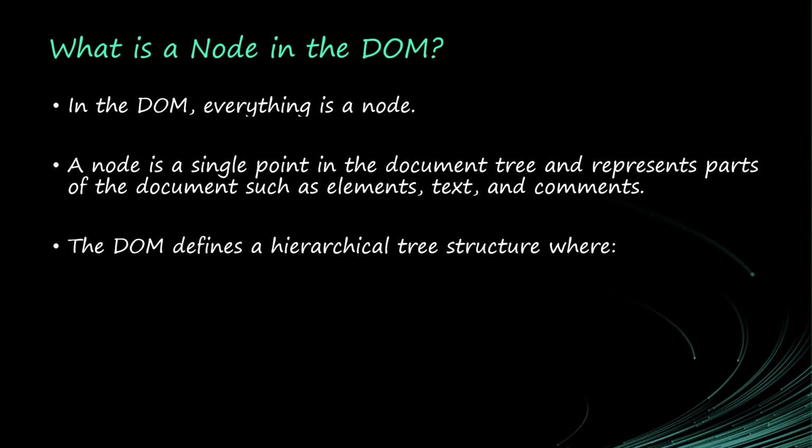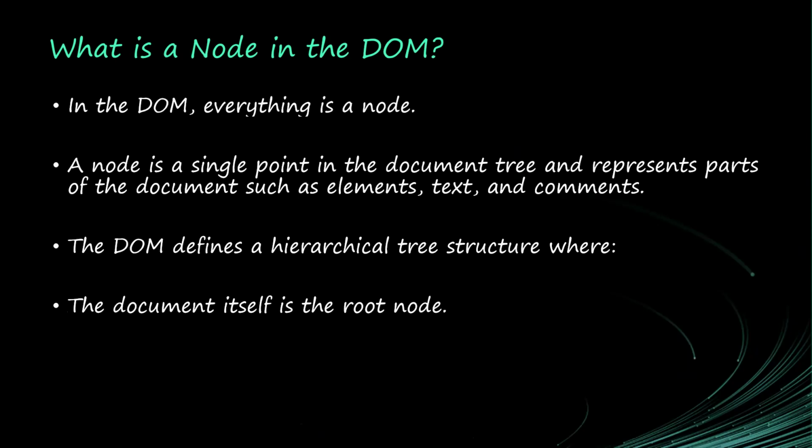The DOM defines a hierarchical tree structure, where the document itself is the root node. The document object is the root node. You'll be working with it a lot, like document.getElementById.